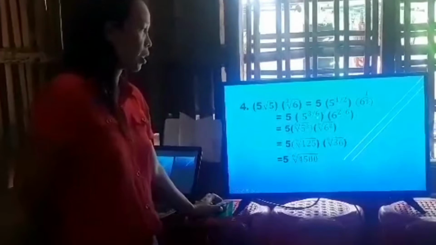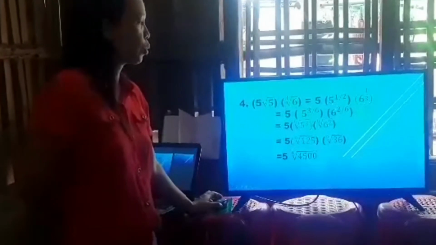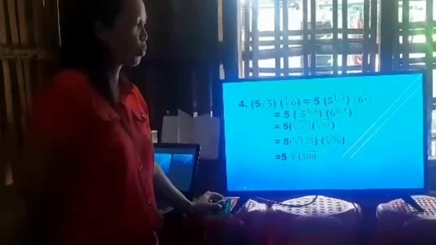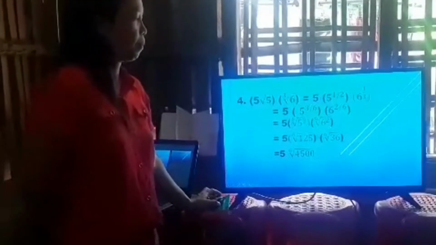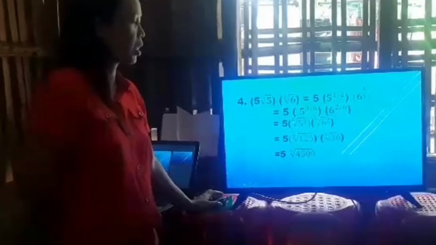So 6 divided by 2 is equal to 3. 6 divided by 3 is equal to 2. Since we already have the same roots, which is 6, we can now multiply. So we're going to transform to a radical sign.